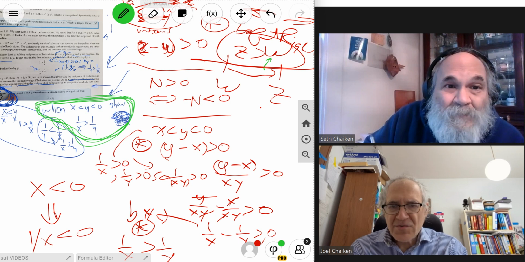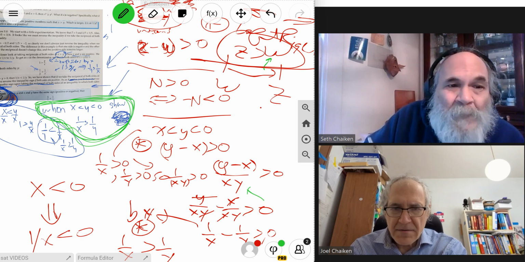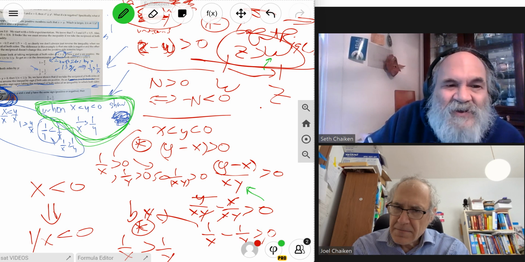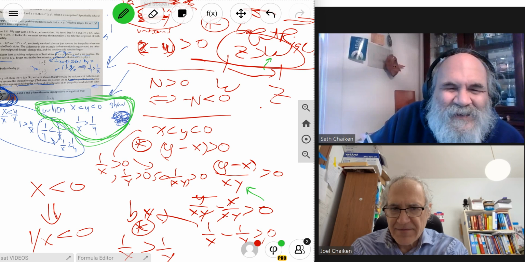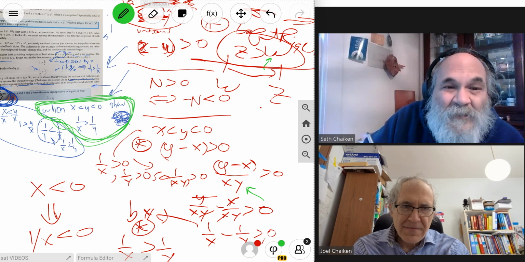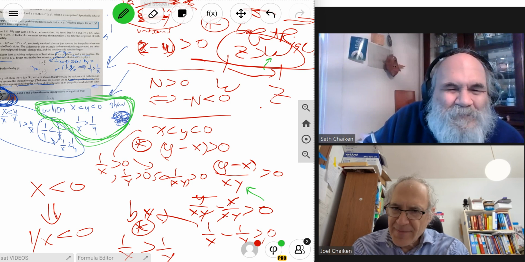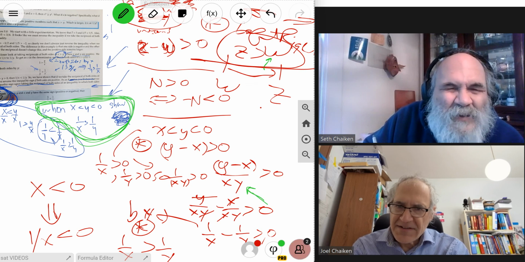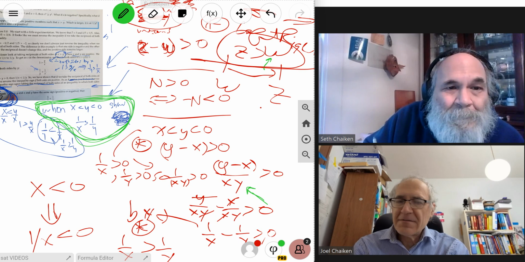Now notice that you divided by X, which of course you get by dividing both sides by X. But you divided both sides by XY. If X and Y are both negative, then that doesn't change the sign of the inequality. Right. Wow. So that's true for both X and Y being positive or negative. If X and Y are both positive or negative, then that's true.